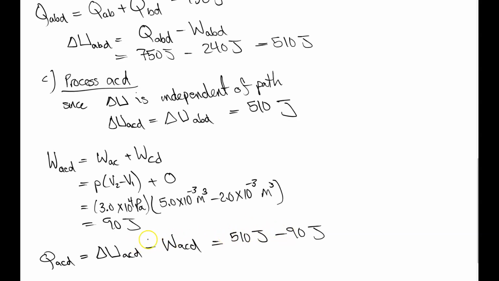Sorry, it should be plus, which is 600 joules. If delta U equals Q minus W, then Q is delta U plus W. I made the mistake, so it should be 600 joules.